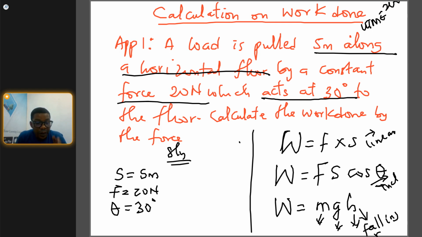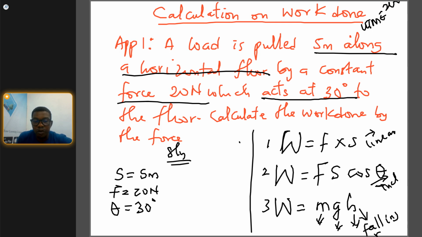Looking at all these parameters, it will tell you which of the formulas to use. I have S, I have F, I have theta. So I'm having formula 1, 2, 3. Which formula do you think I'm going to use? Tell me in the chat box, which formula are we going to use to solve this question?